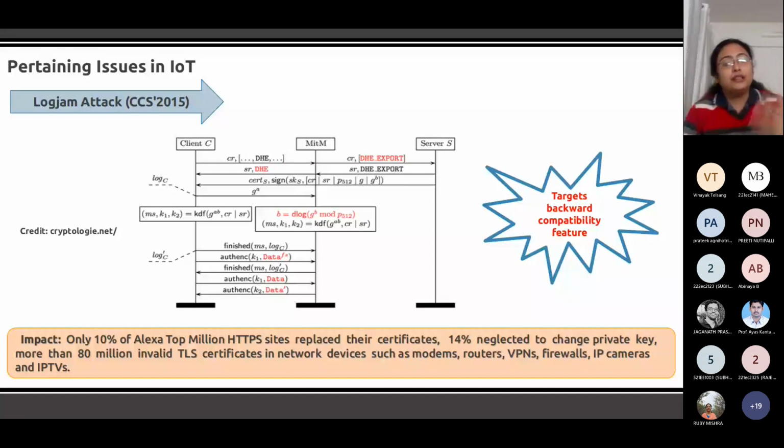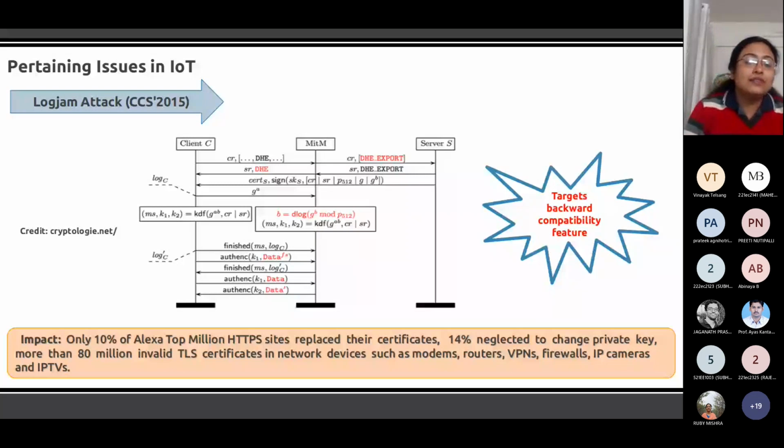But the tragedy was that even after this attack was proposed, only 10% of Alexa's top million HTTP sites replaced their certificates. Even knowing that this kind of attack exists, 14% neglected to change their private key, which was 512 bit. They might know that the key might have been compromised, but they were reluctant to change it.